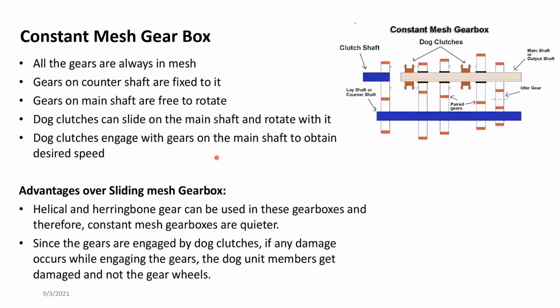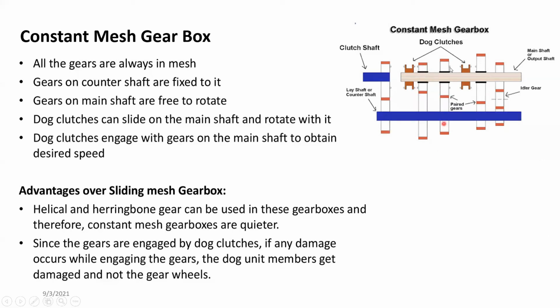So constant mesh gearboxes came next. In the constant mesh gearboxes, the engine shaft or input shaft comes here and it's transferred to a lay shaft or secondary shaft, which is then paired with the output shaft gears. But the gears are not directly connected to the output shaft. Instead, they are running on bearings.